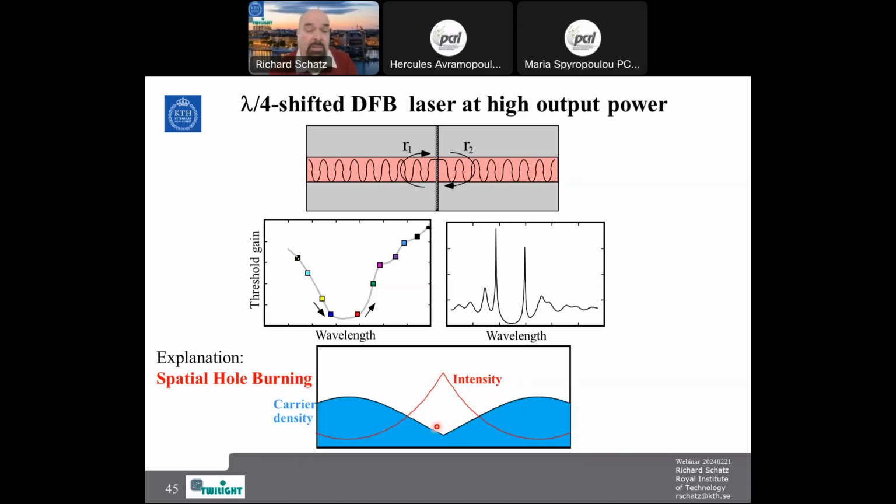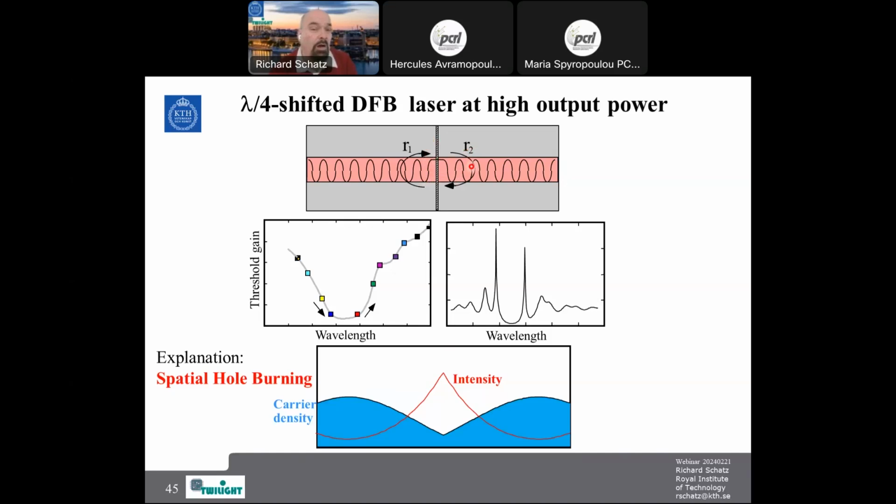And that means that in the middle of the laser, the refractive index will be higher, because where you have low carrier density, we have a higher refractive index. And this means that in the middle of the laser, the light is going slower, and then it's not the quarter wavelength shift anymore. It's longer than the quarter wave.